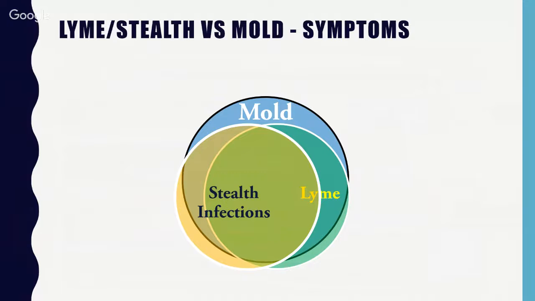And these are pretty common with both mold and Lyme, because they're triggering the same inflammatory pathways. So it becomes critical, Sandeep, for health practitioners to look carefully, not just at the symptoms, but also the laboratory testing and any other forms of testing that they may be using to try to tease apart these similar conditions.